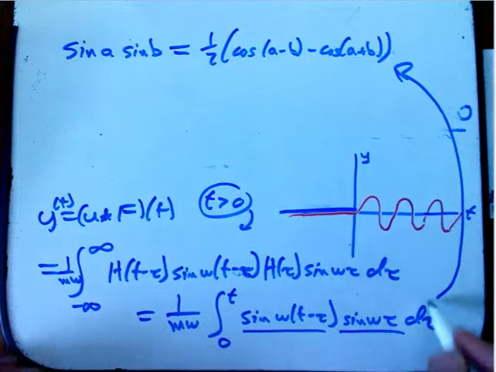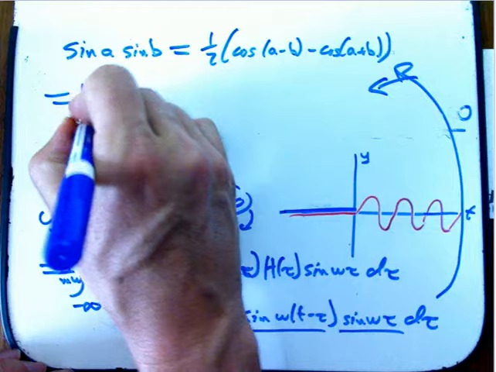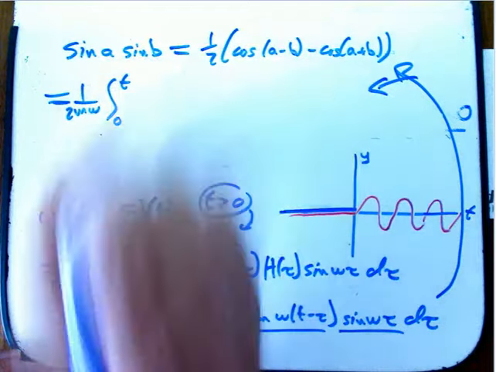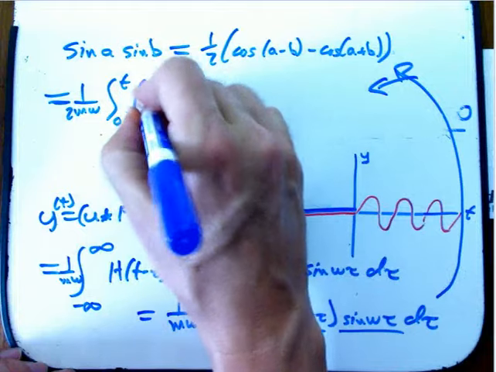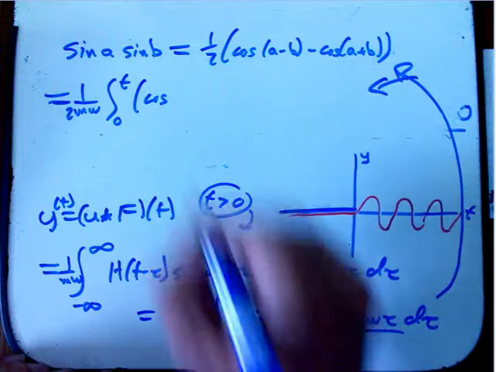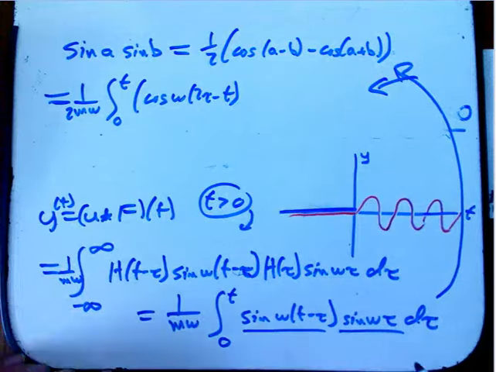Okay. And so this is going to be 1 over m omega, integral 0 to t, 1 over 2, I'm just going to take the half out. It's going to be cosine of the difference of these guys, which is omega times 2 tau minus t.